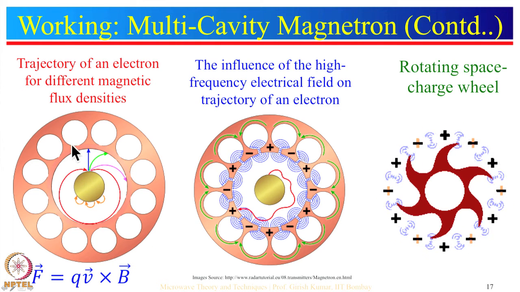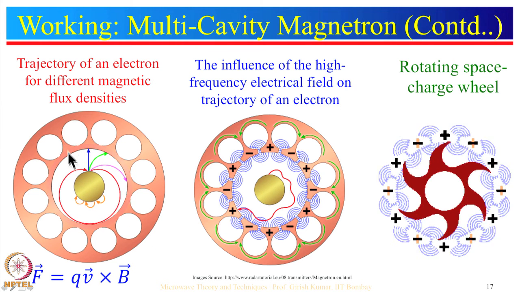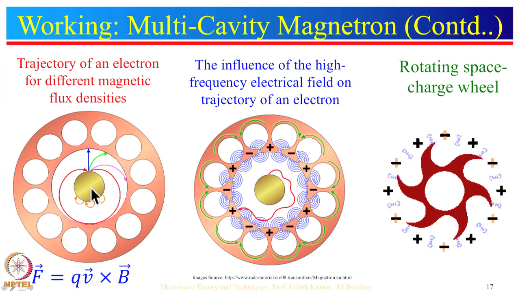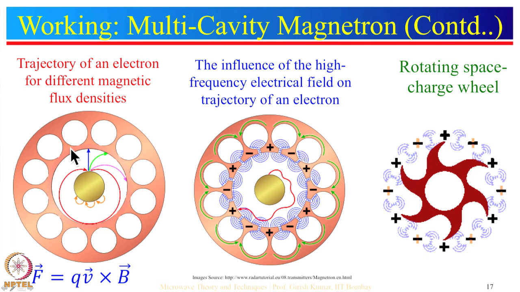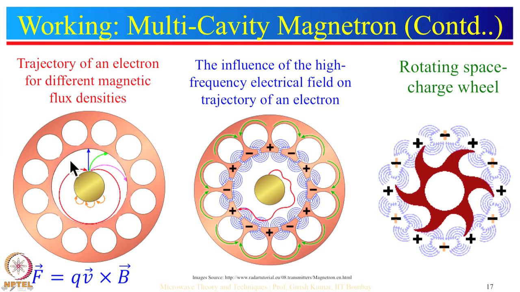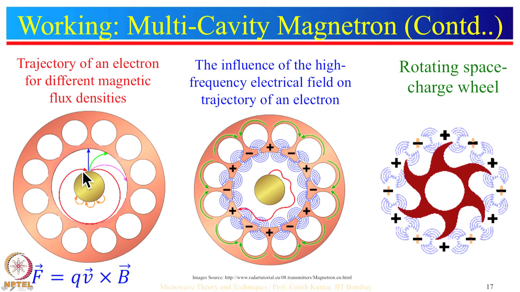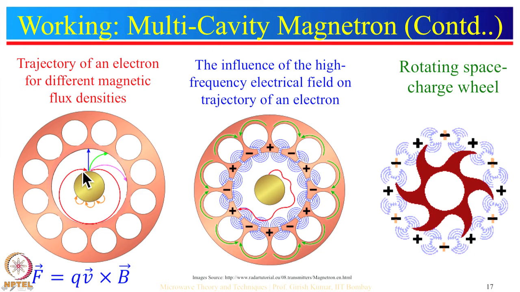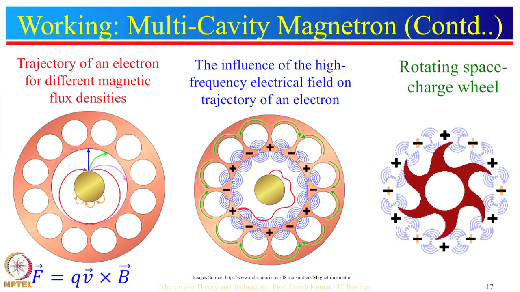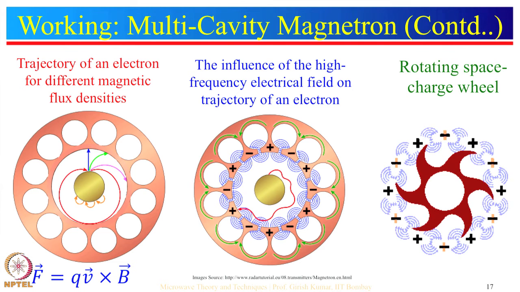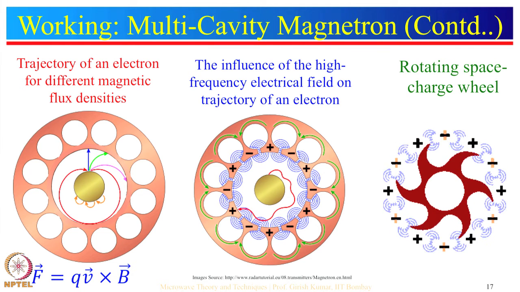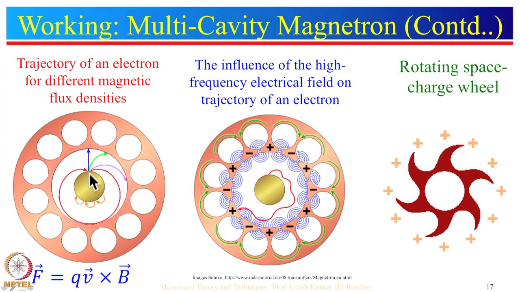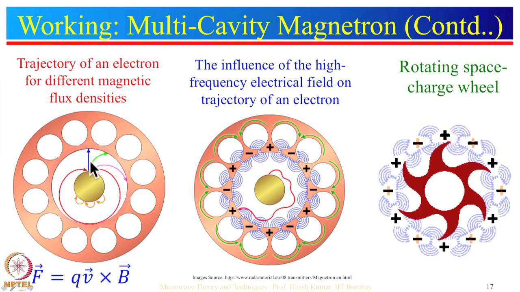Positive voltage is given to the anode and the cathode is negative with respect to the anode. So, the electric field lines will be from positive to negative, that is from anode to cathode radially inward, and the force on the electron will be F = QE. So, the force on the electron will be from cathode to anode, radially outward.